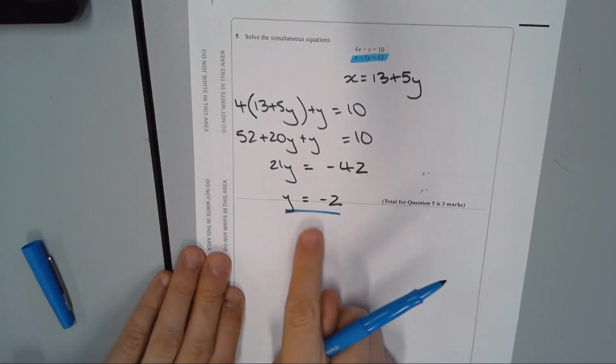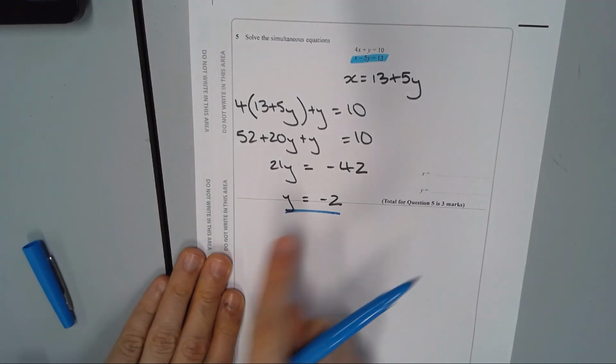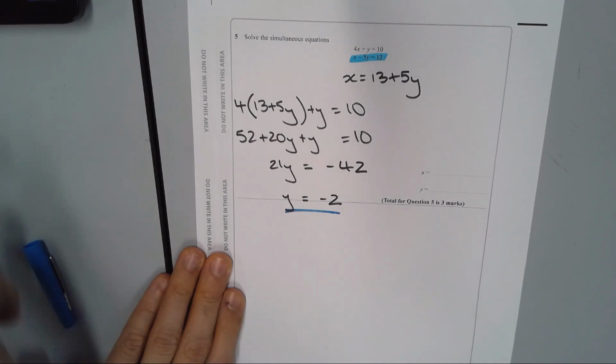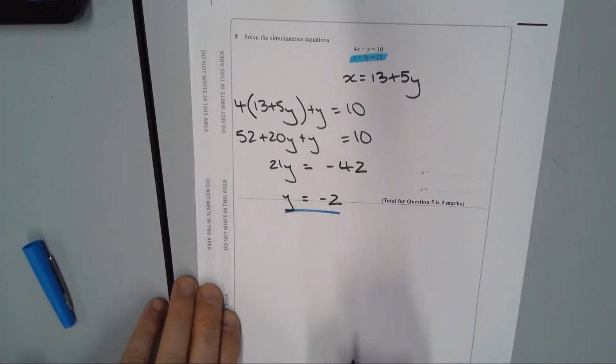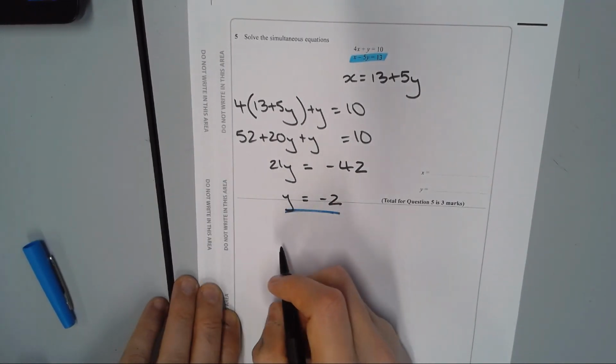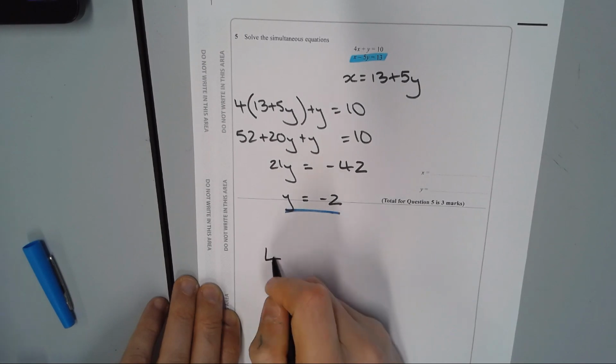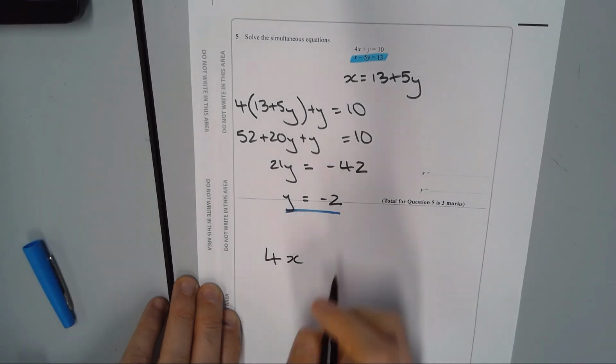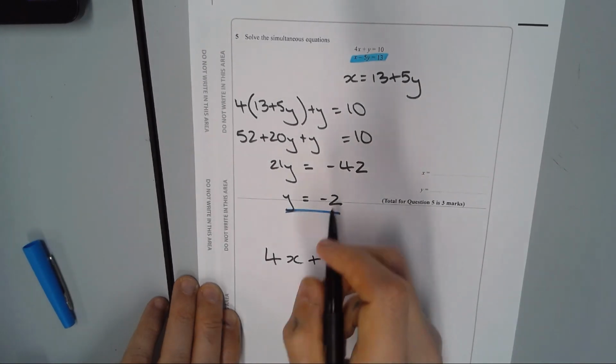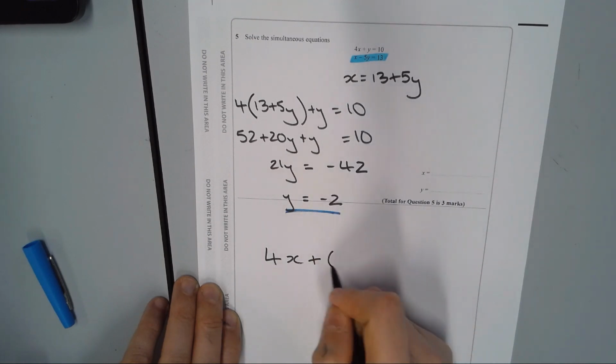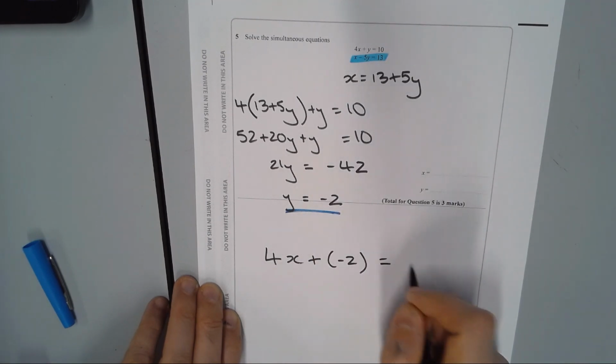And now I need to substitute that into either of the equations. I'm going to go with the first one. So we've got that 4 lots of x, so 4x, plus y, and here y is negative 2, so plus negative 2 is equal to 10.